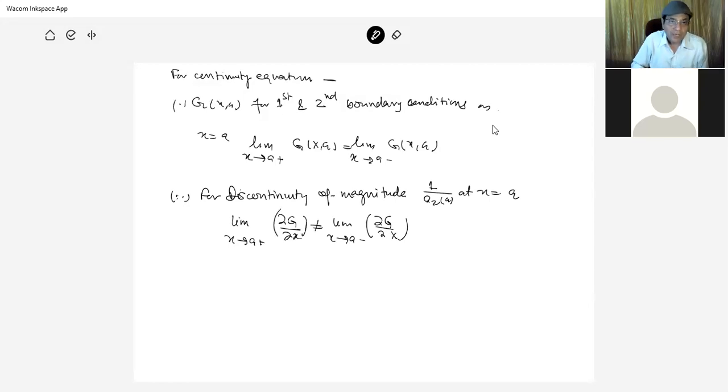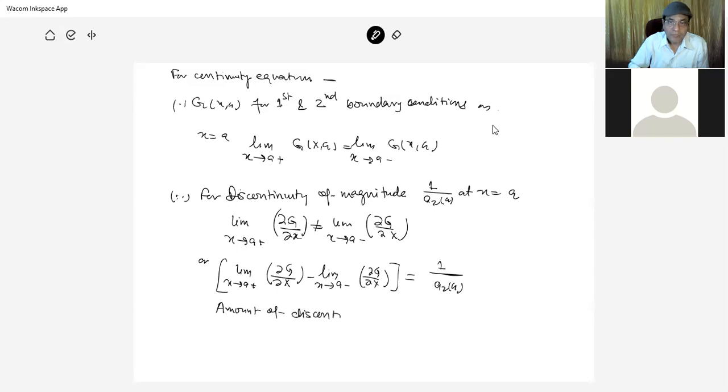If it is not equal, or we can say that limit x tends to a plus dg/dx minus limit x tending to a minus dg/dx is equal to 1 upon a2(a), this is the amount of discontinuity, where this is the coefficient of d2y by dx square.